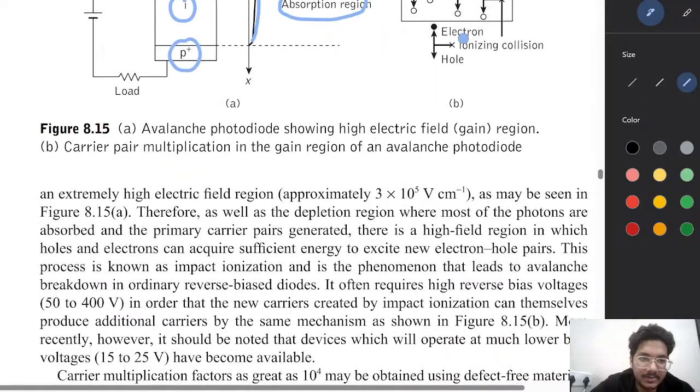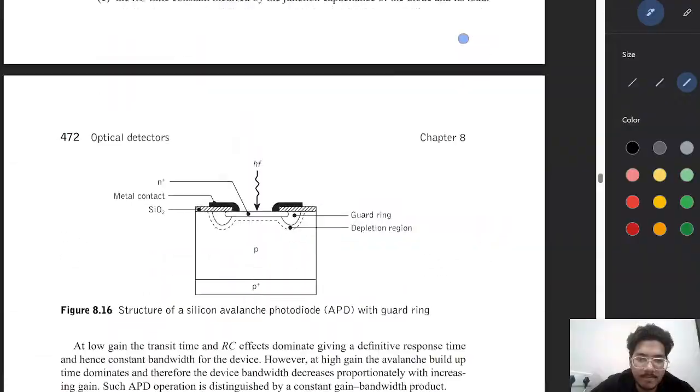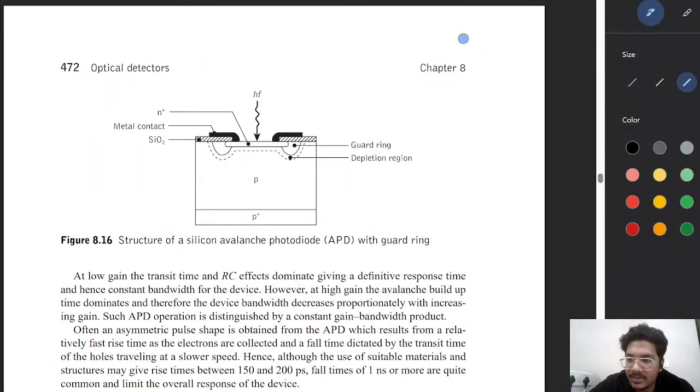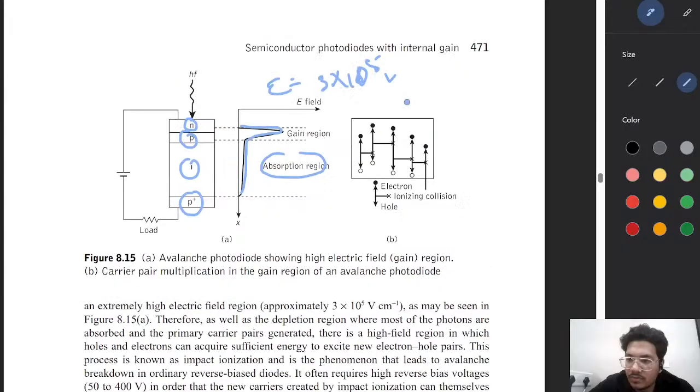In the avalanche diode, when a photon is absorbed, an electron hole pair is generated.